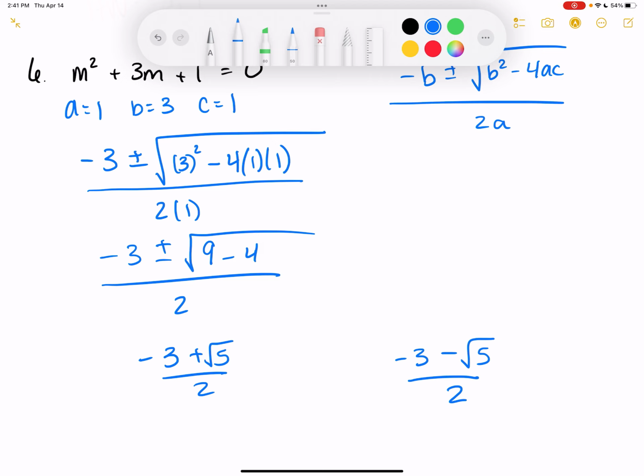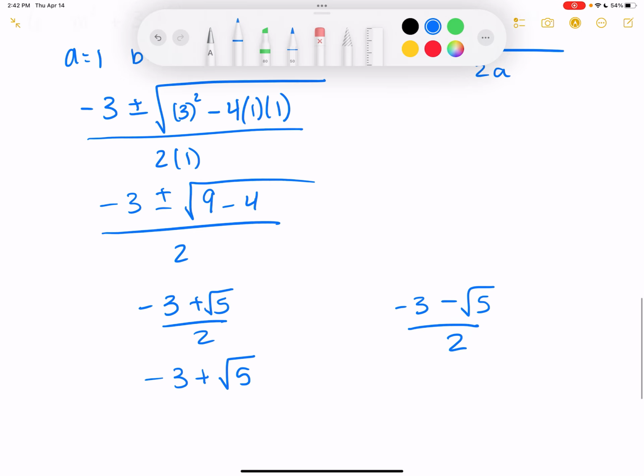I got negative 3.35. So in your calculator, do negative 3 plus the square root of 5. I got negative 2.1. What in the world? And then get this answer, and then divide it by 2. Oh, I tried to do it all in one thing.